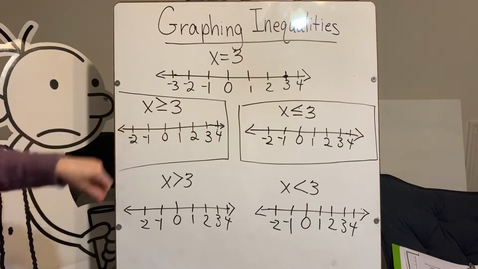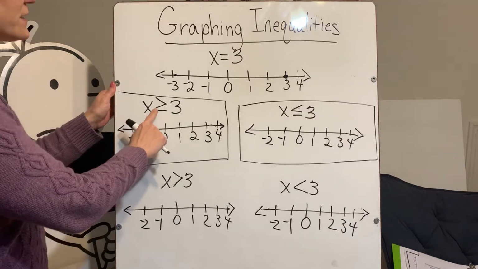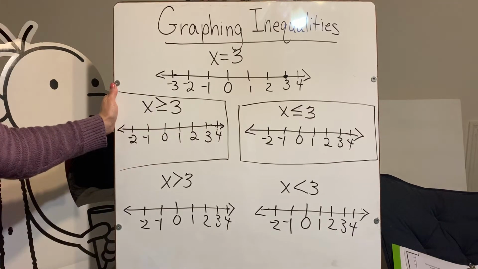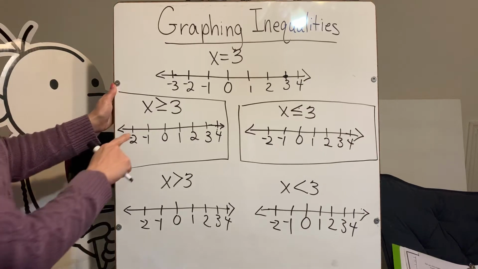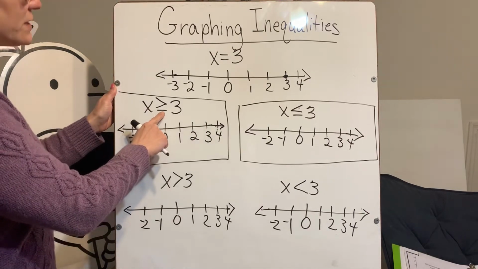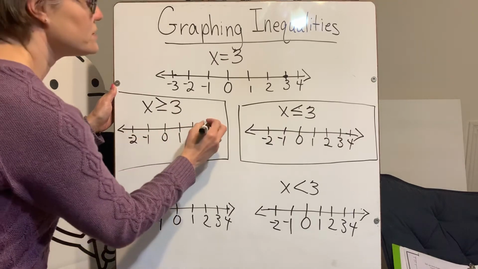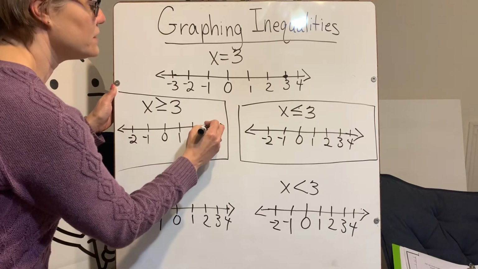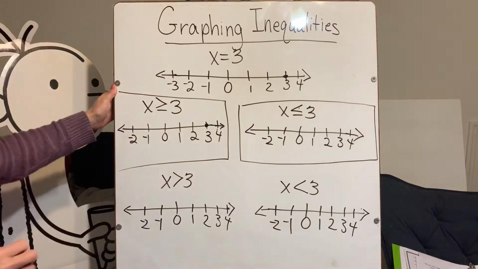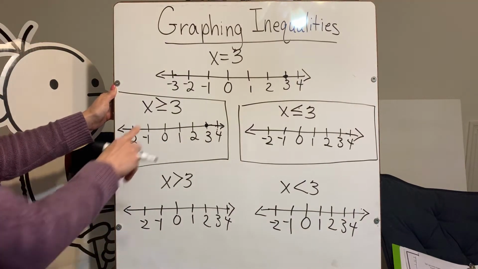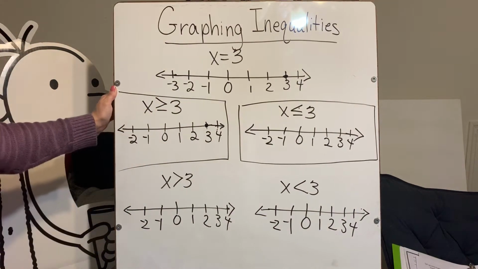So now if I go down to this next one, I know that x is greater than or equal to 3. So I know it could be equal because of this line right here. So since I know it could be equal, then I'm going to fill in above the 3. Now, could it only be 3? No, it can also be greater than 3.